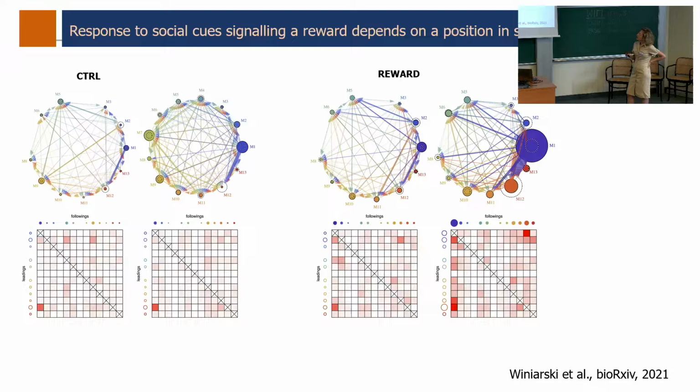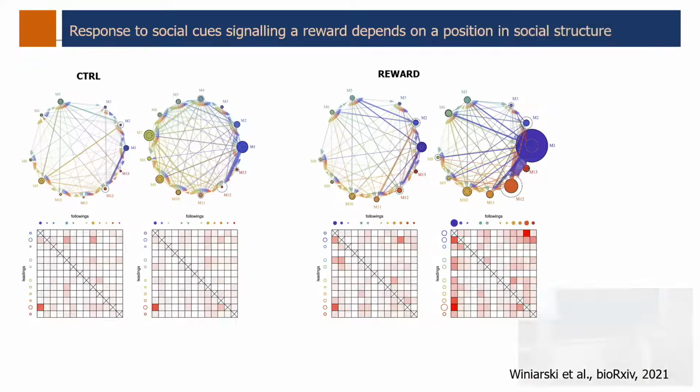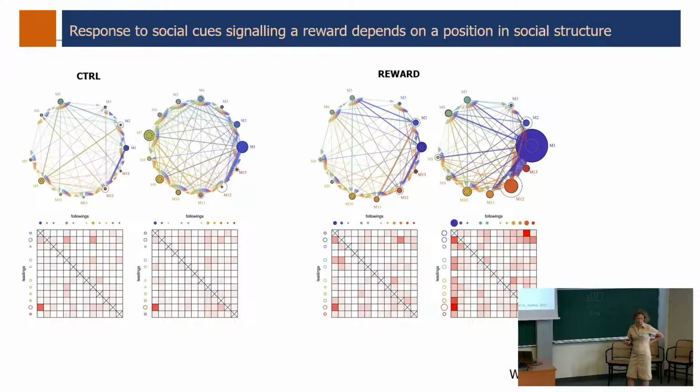But what is interesting here is that when we look at this following behavior that increased after the reward was introduced, the increase was not random. It depended very much on the position of an animal and the social structure. The ones that were super followers before increased this following behavior most.